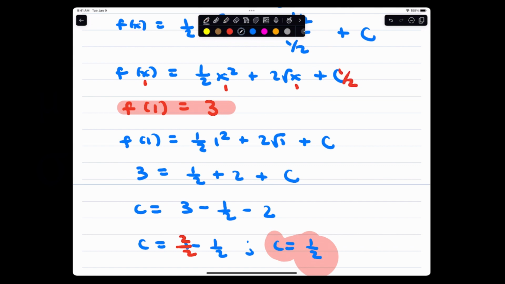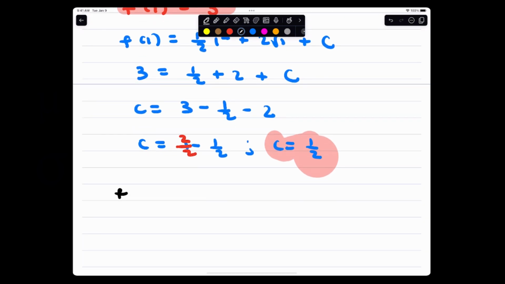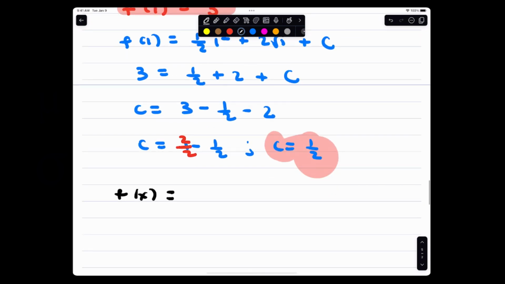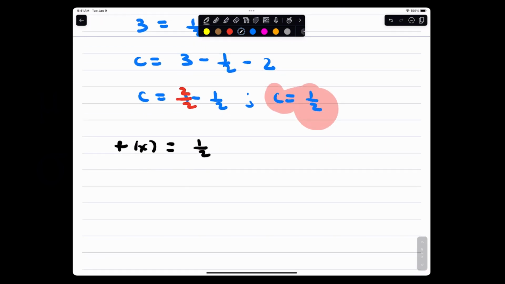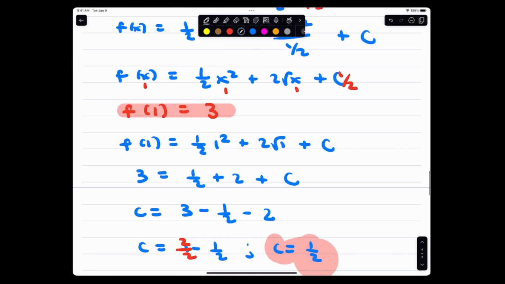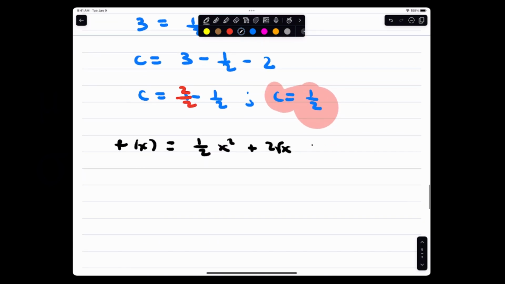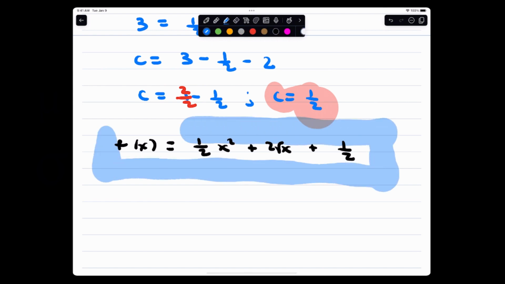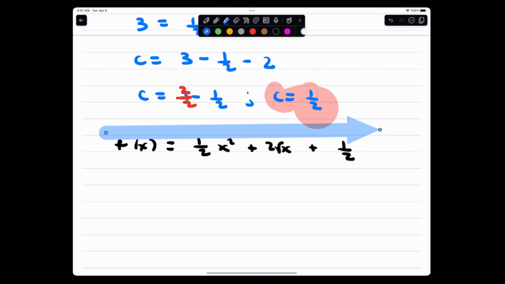So here's your function now: f of x equals 1/2 x squared plus 2 square root of x plus 1/2. That's the particular solution.